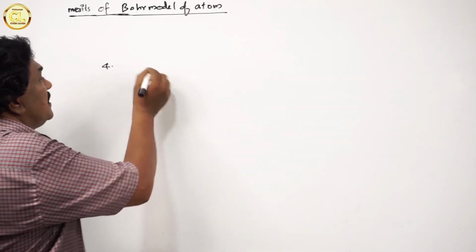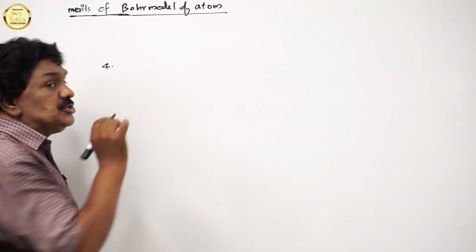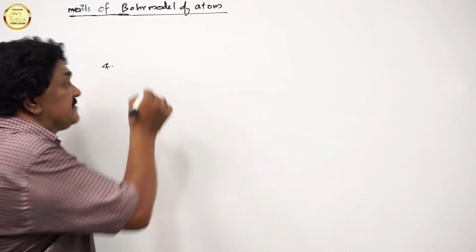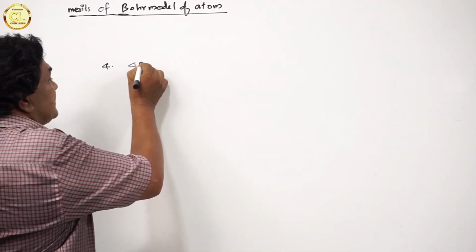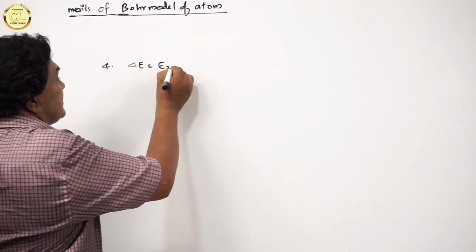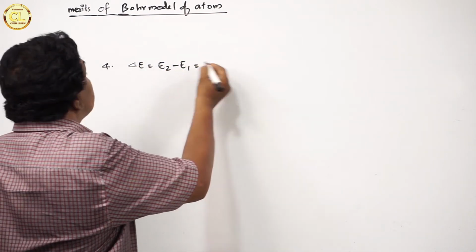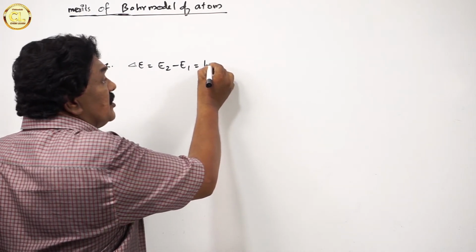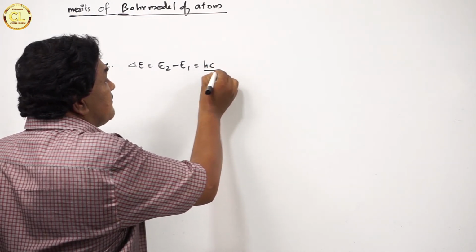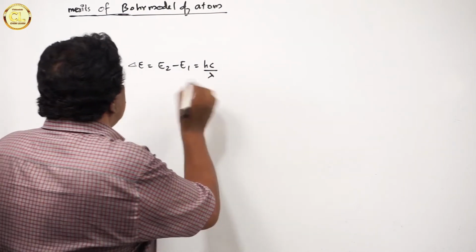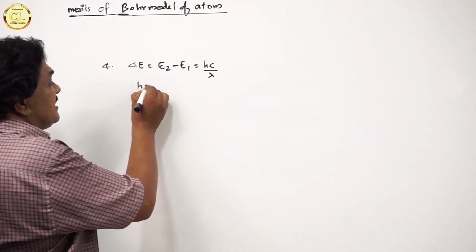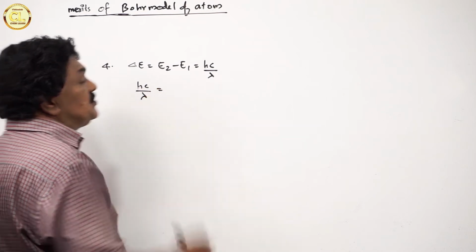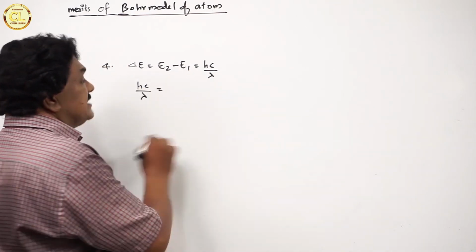Fourth point, the difference in energy between two stationary levels can be expressed as delta E is equal to E2 minus E1 is equal to h nu, that is h nu is c by lambda, so hc by lambda. Therefore, we can say that hc by lambda is equal to E2 minus E1.